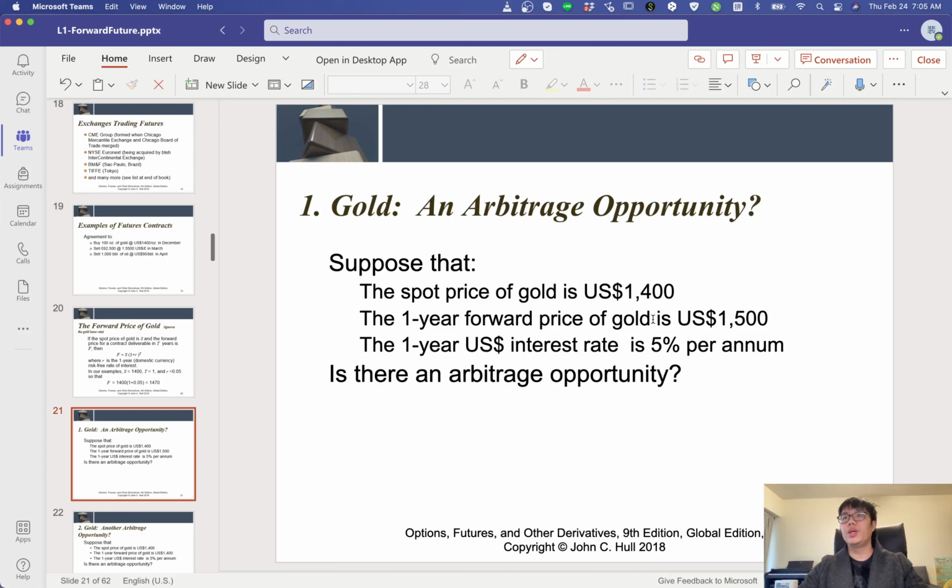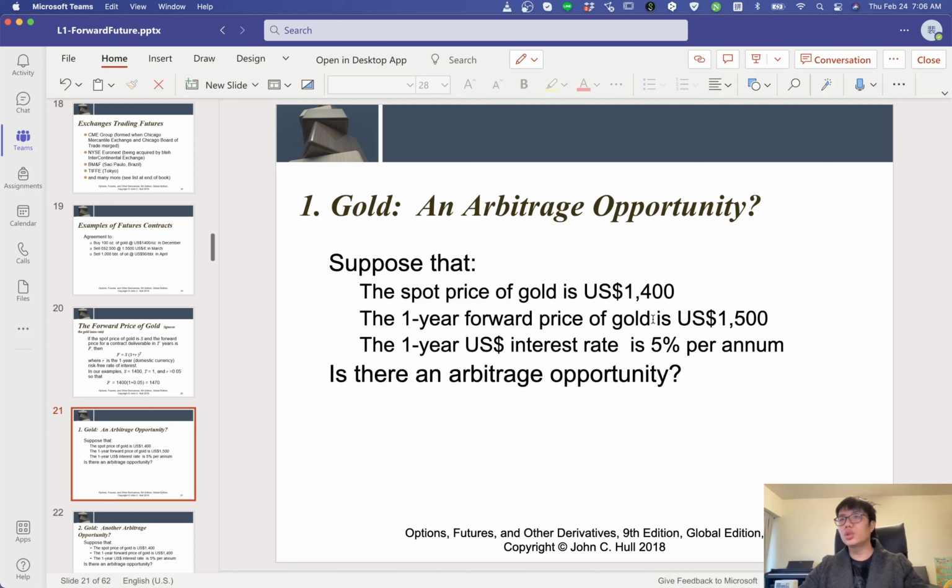And remember, because we borrowed from the bank a year ago, 1 year later, after you get the money from the forward long position, you need to go back to the bank and pay them 1,400 plus the interest. When you borrow 1,400, the interest rate is 5%, so you also need to pay them $70.